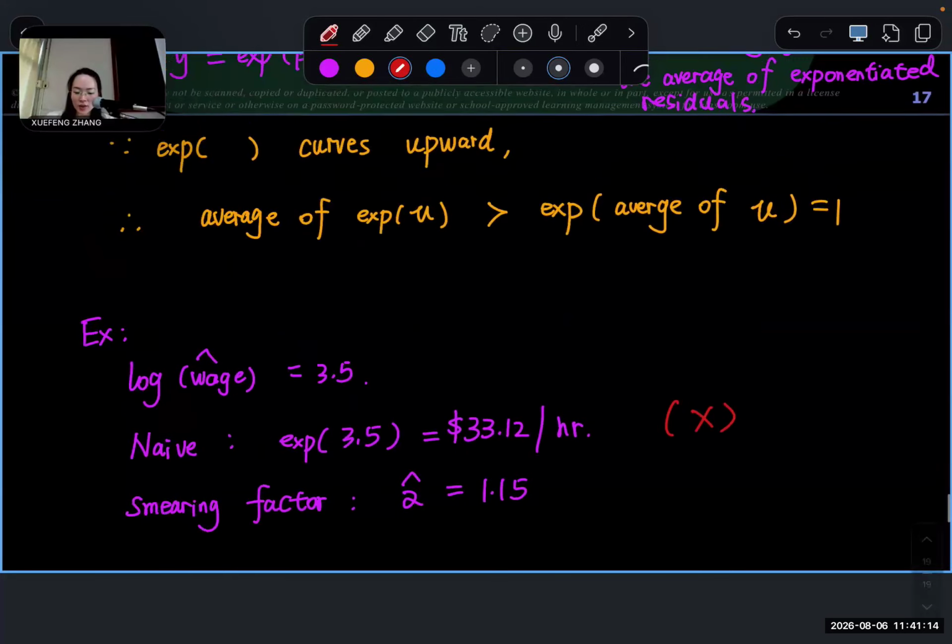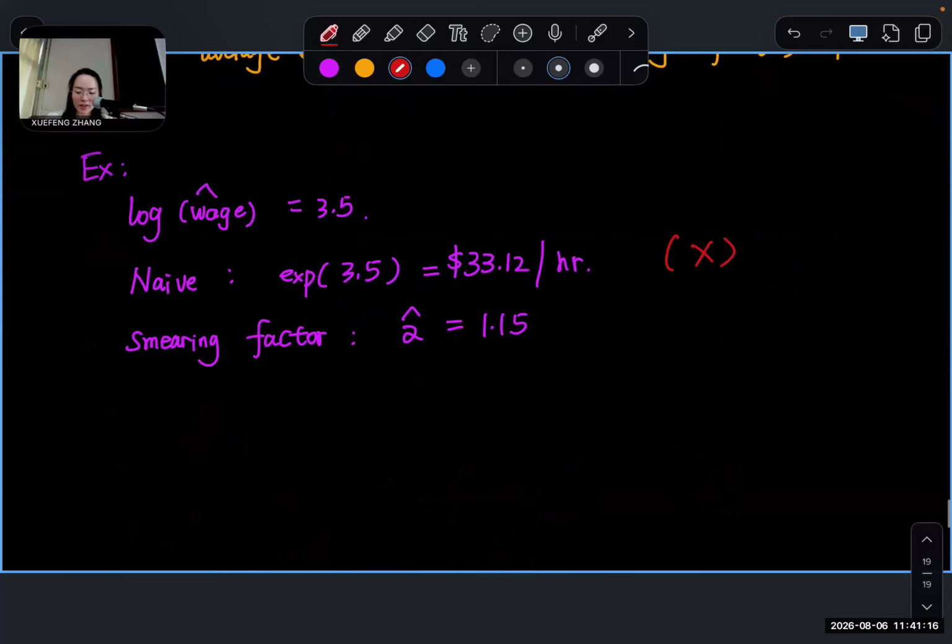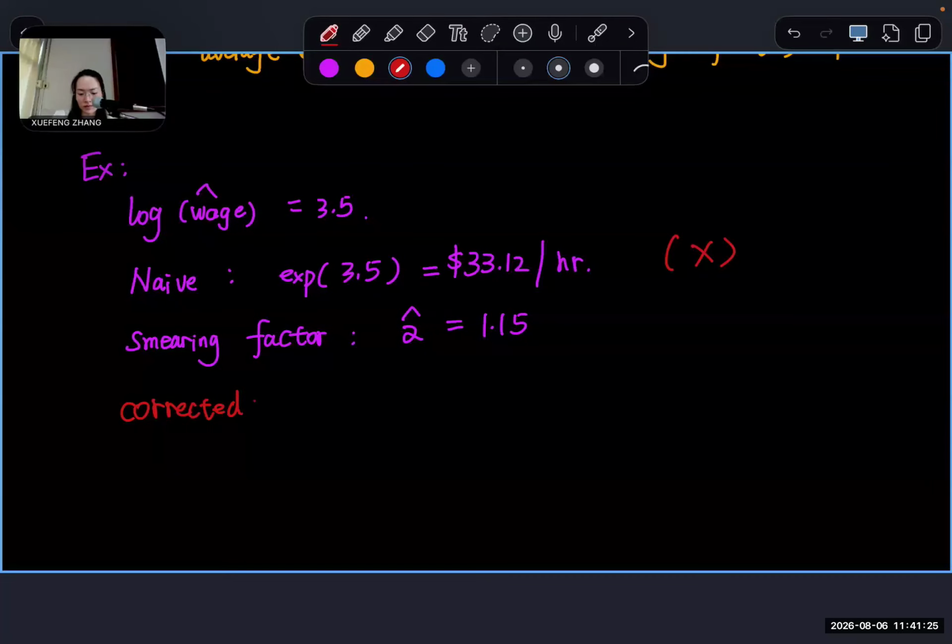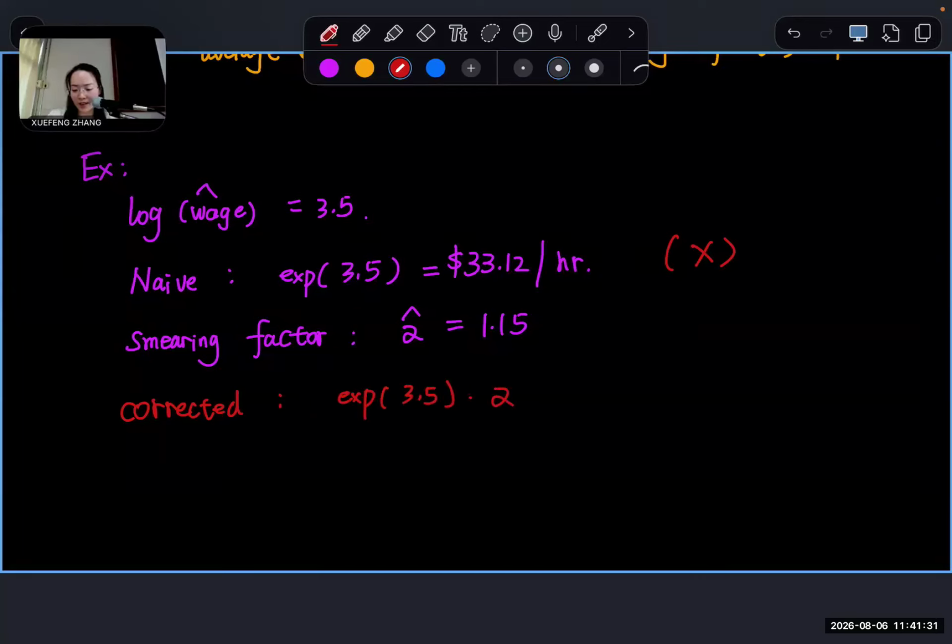Instead, we need to use the smearing factor. So here, suppose the smearing factor is 1.15. So the corrected one is you use the exponentiate of 3.5 times the smearing factor.